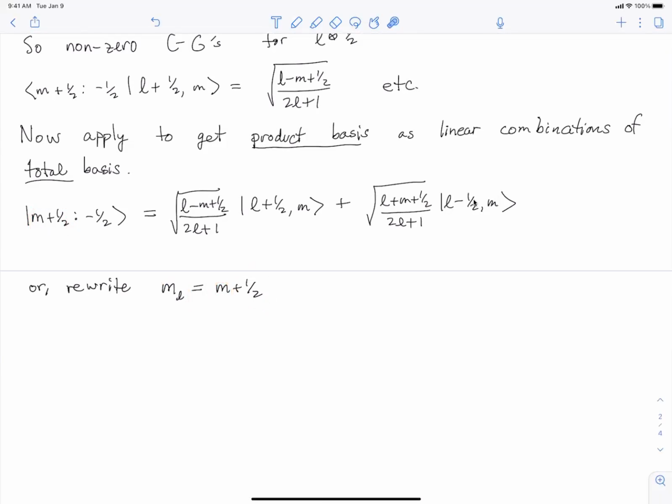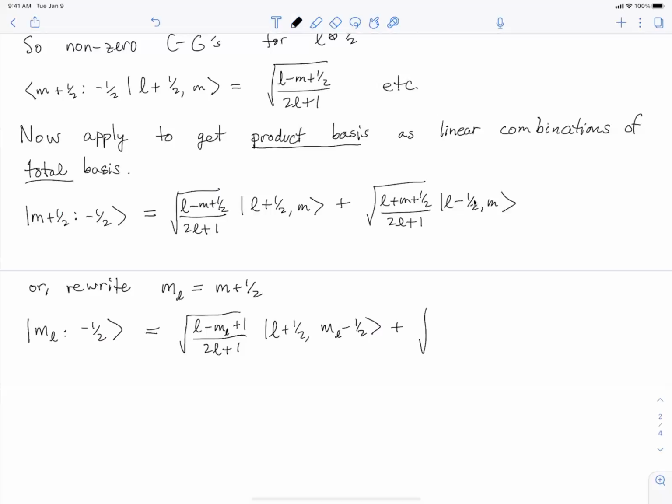So if we just do that rewriting, then we get m sub L minus 1/2 equals, and now I'm just plugging this into the coefficients, I get square root of L minus m sub L plus 1 over 2L plus 1, L plus 1/2, m sub L minus 1/2.